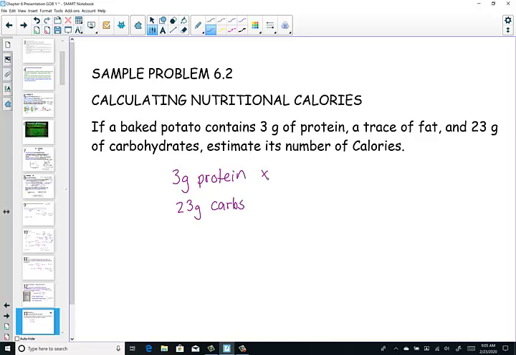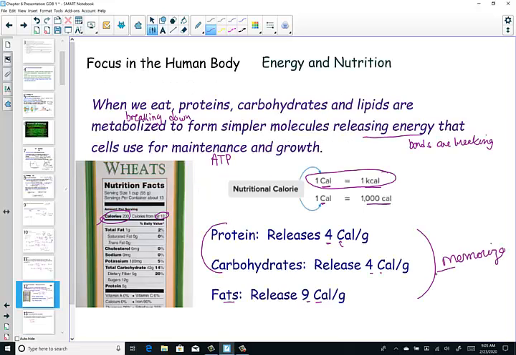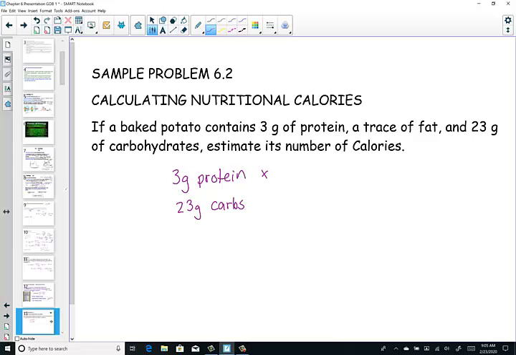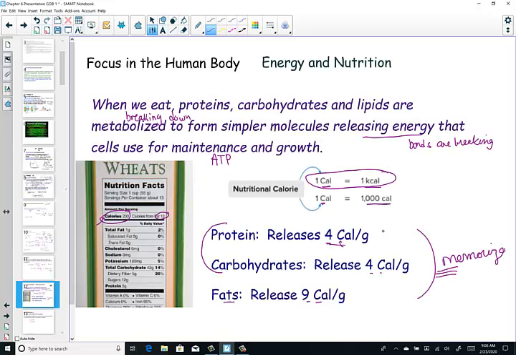So again, from our conversion, remember these conversions, it allows you to solve problems like these. For every 1 gram of protein, 4 calories of heat is released.